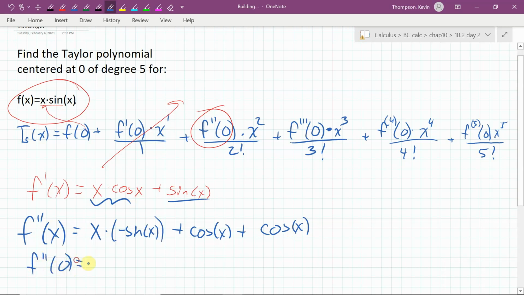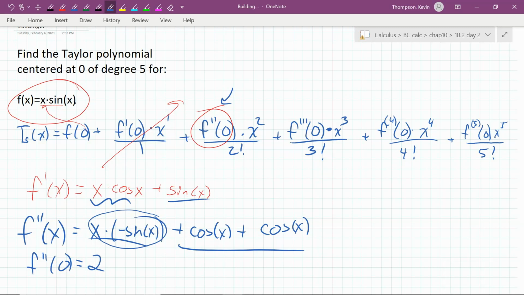Sorry, Henry. Yeah, there's a 2 cosine x. Cosine of 0 is 1, so 2 times 1 is 2. This piece is 0, so that looks like it's 2. I think there's a 2 right there. Are you with me? And now the third derivative. Well, I'm going to get another product rule again, right? Do you see how it's not necessarily difficult, but there's a much more elegant way to think about this Taylor polynomial.